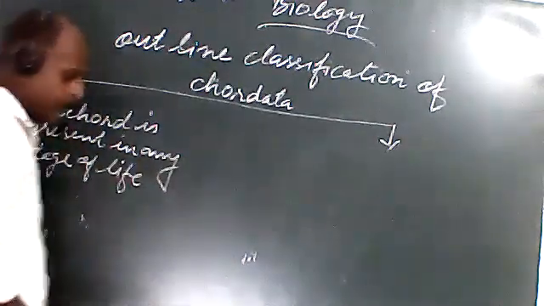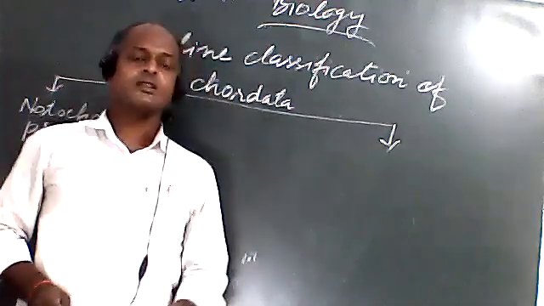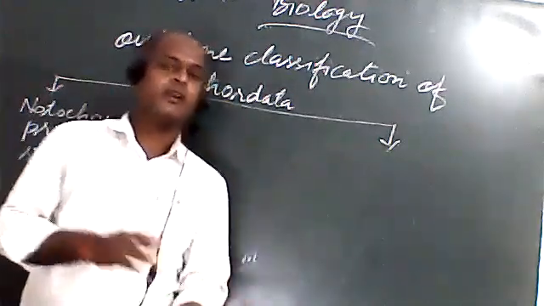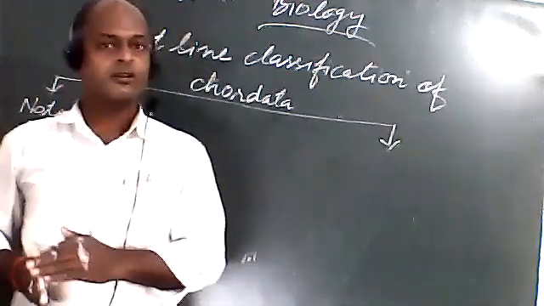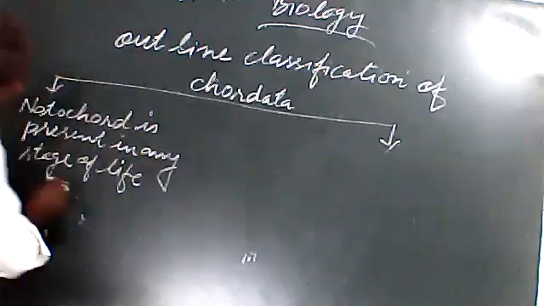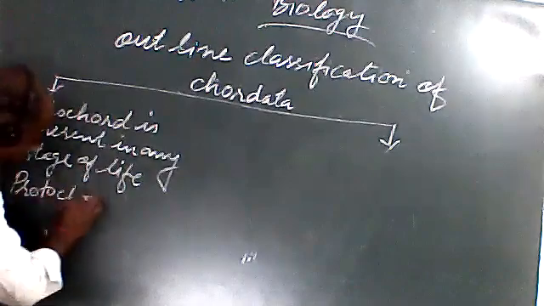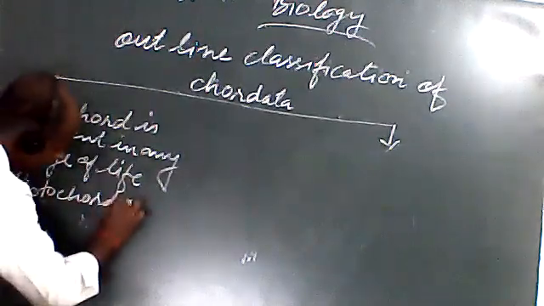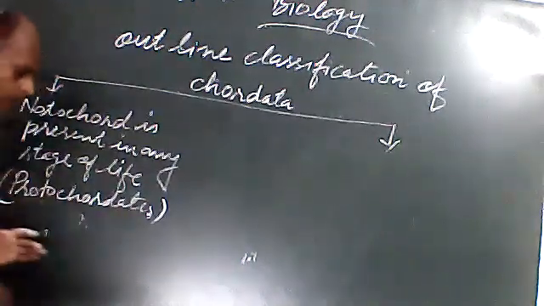It is not present throughout the life. It is present in the larval stage. In some organisms, it is present in the adult stage. It is present in the head region or tail region. So these are called protochordates. अभी थोड़ा सा कंफ्यूजन आपको होगा, अभी अभी I will clear your confusion.